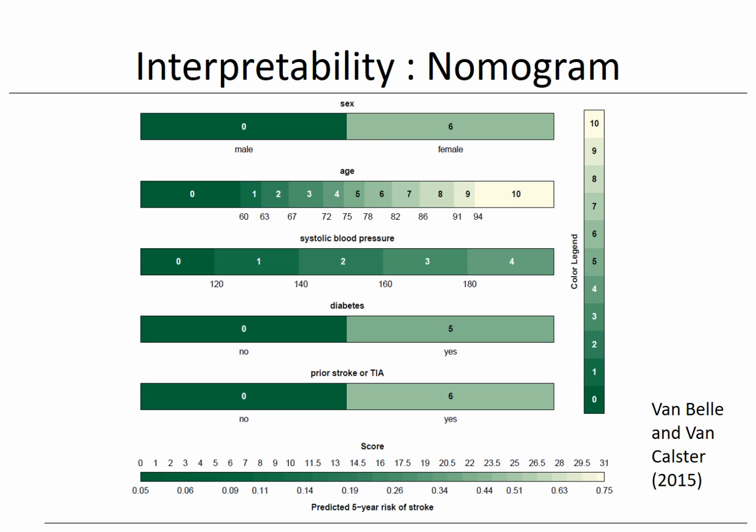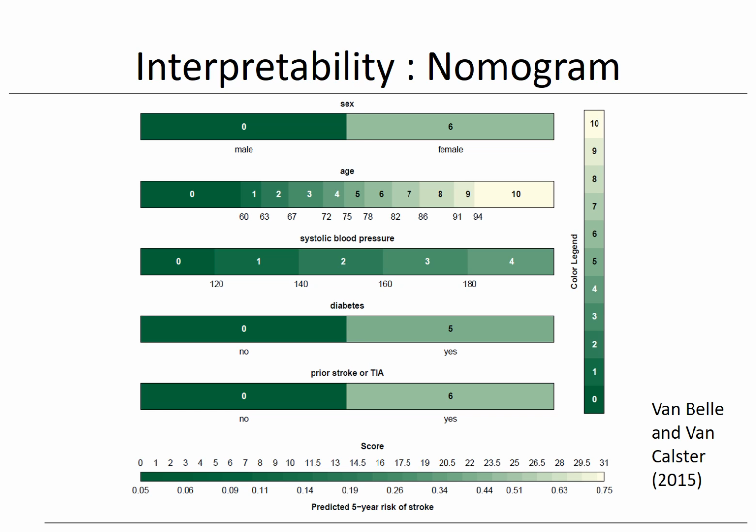So to the right, you see the color legend, which goes from dark green, which means no risk, up to something which is more like white with a scale number of 10, which indicates high risk of stroke. To the left, we see our variables, or features if you want. So we see the gender or sex, and we can immediately see that females are at higher risk than males because they have a lighter color.